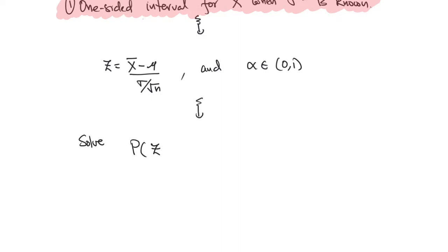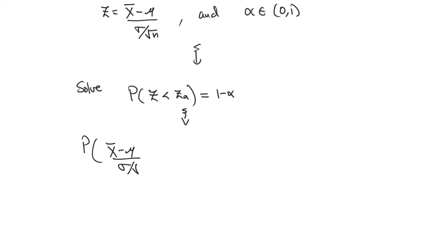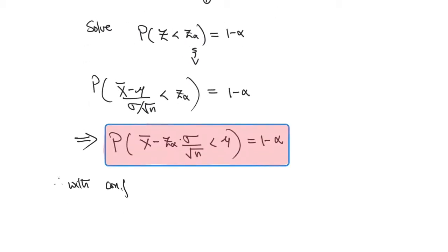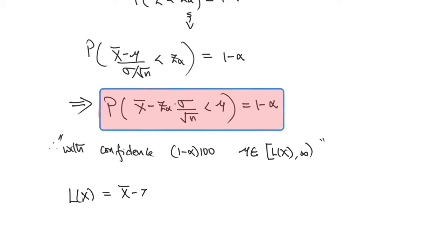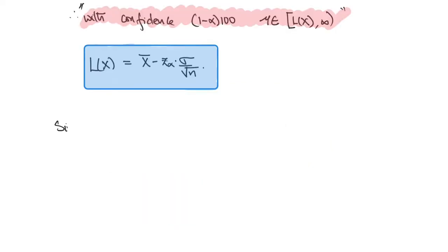Setting up the probability equation now, given by probability of Z less than z alpha equals 1 minus alpha, lets us compute our one-sided confidence bound, which is given by the probability that the population parameter mu is bigger than x bar minus z alpha times sigma over square root of n. And this lets us say that with confidence 1 minus alpha times 100, my population parameter is going to lie inside this random interval L of x comma infinity, where L of x is the random variable given by x bar minus z alpha times sigma over square root of n.